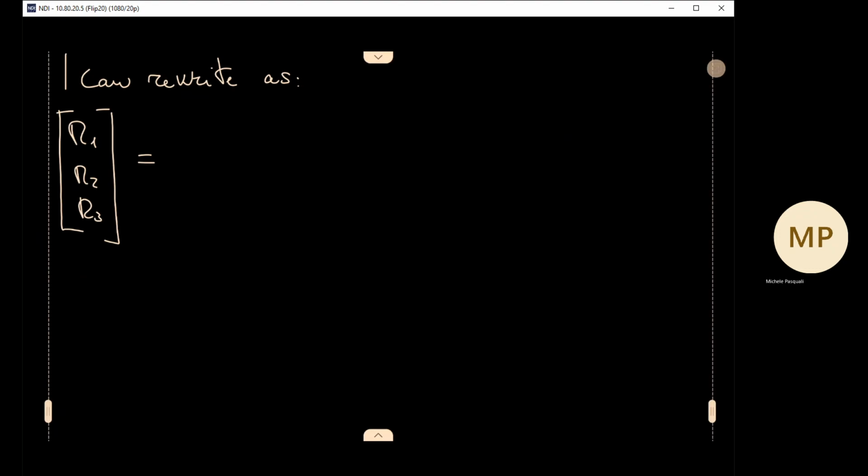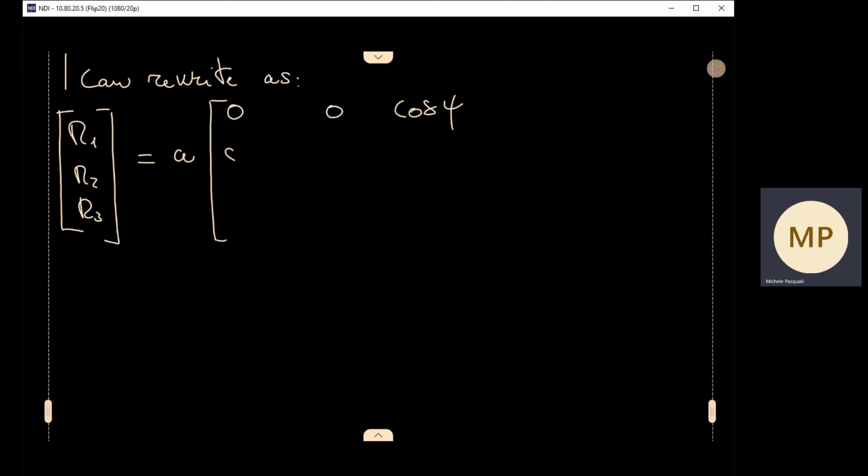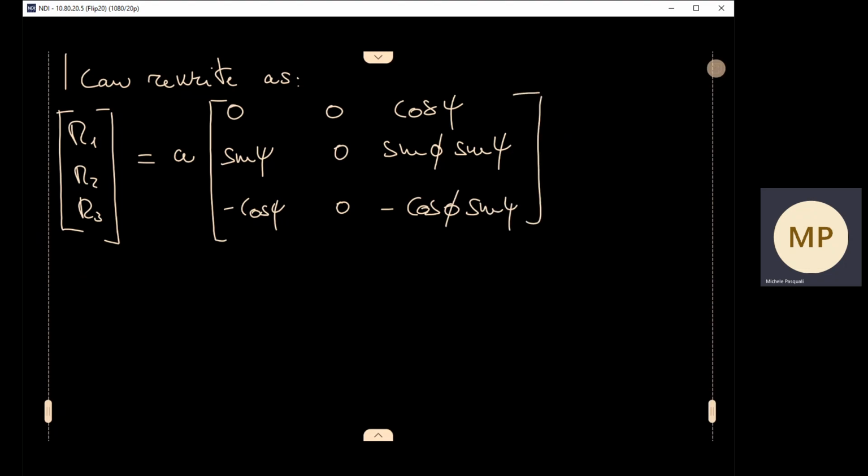So I can rewrite R1, R2, and R3 as, again, A multiplying the matrix with rows: 0, 0, cosinus of psi; sinus of psi, 0, sinus of capital Phi, sinus of psi; minus cosinus of psi, 0, minus cosinus of capital Phi, sinus of psi, applied over phi dot, capital Phi dot, psi dot, and phi dot.